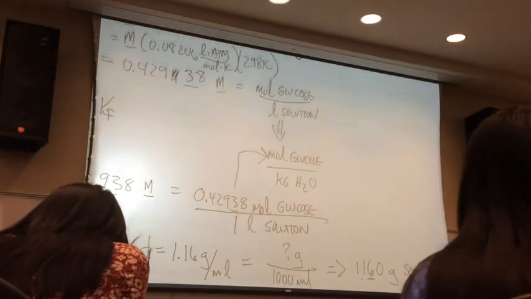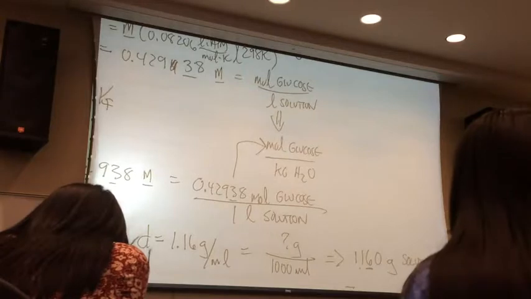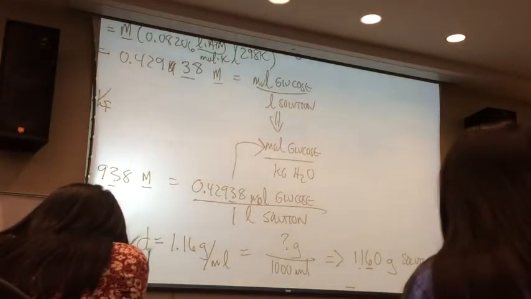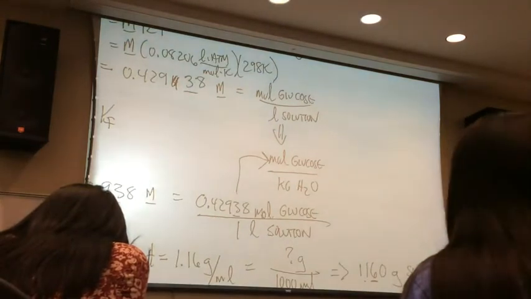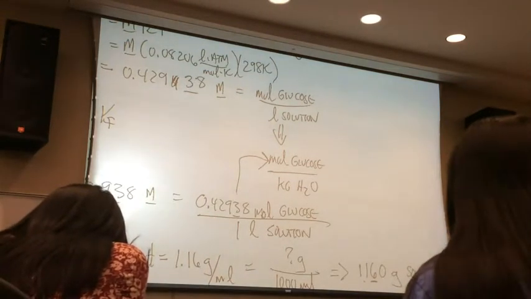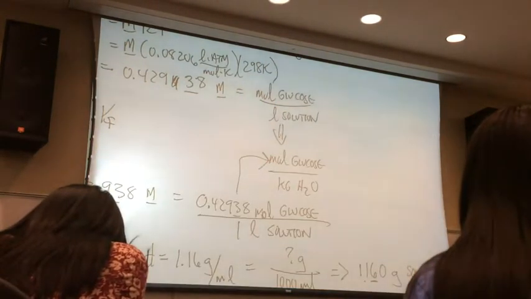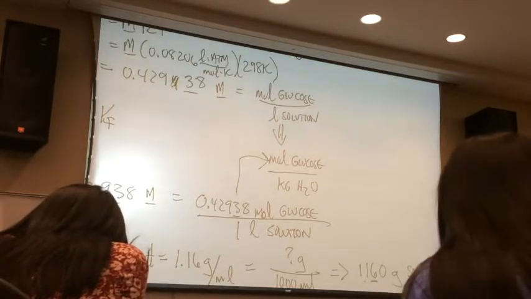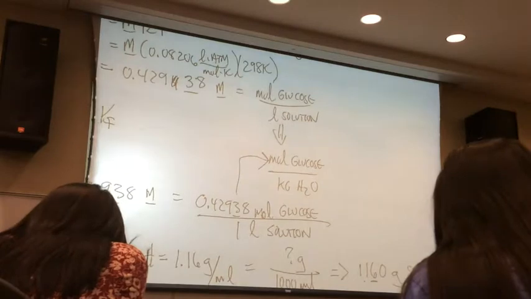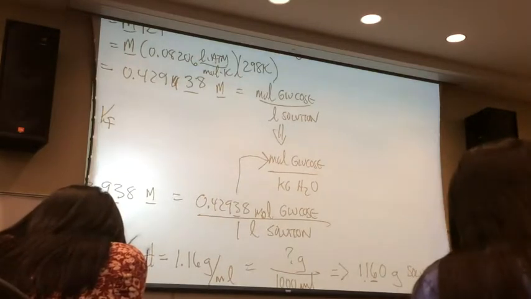So they give you, so we have to calculate the molar mass of glucose, so it's 6 times 12.01 plus 12 times 1.008 plus 6 times 16, okay?